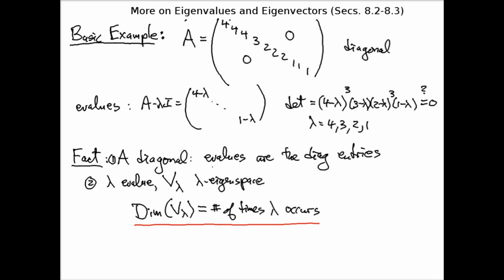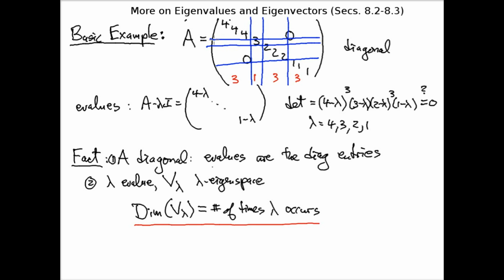So in this example, what I recommend you do is think of this as breaking this up into blocks, like this. And the sizes of these blocks are 3, 1, 3, and 3.